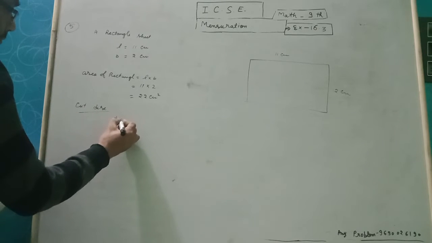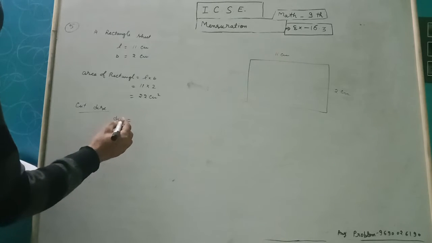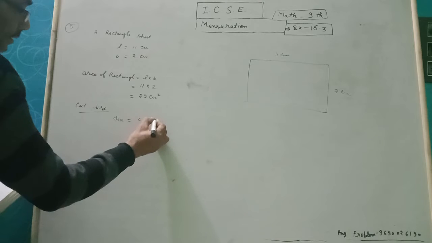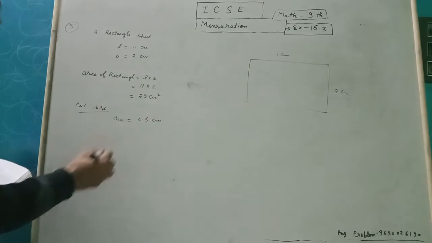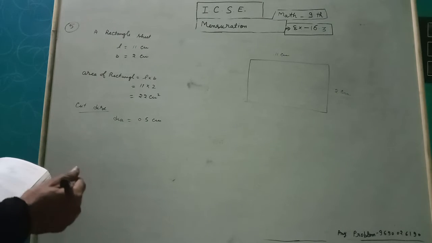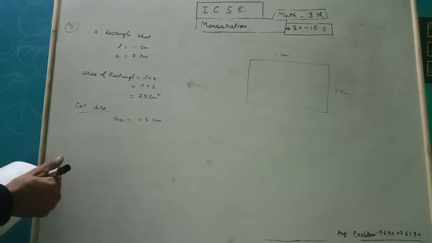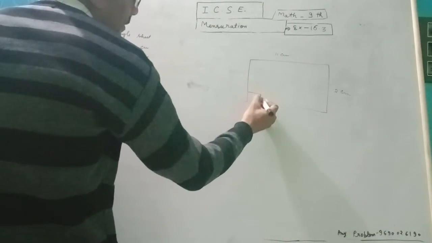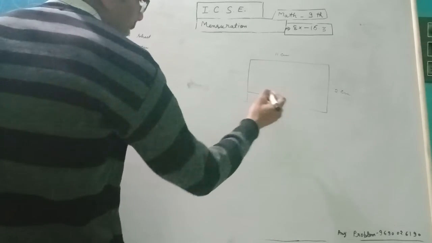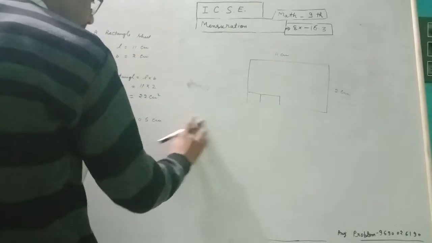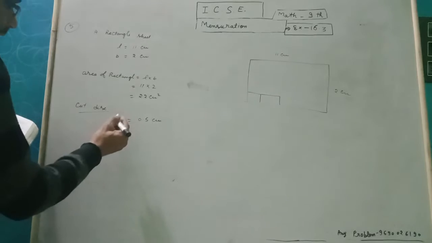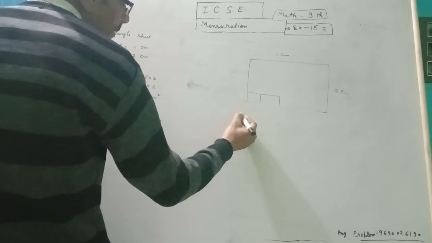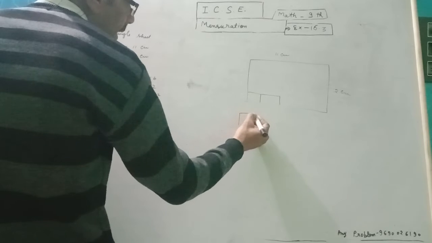Diameter is equal to 0.5 cm. This type is cut by diameter, squaring type.